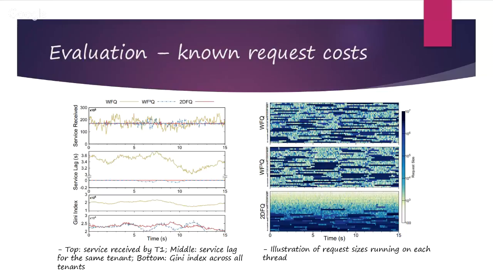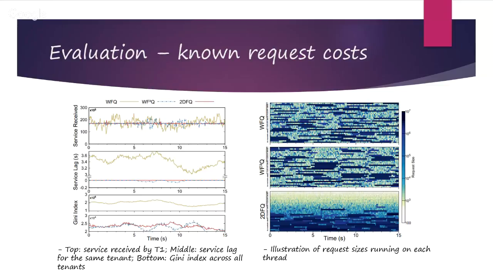One experiment evaluated the fair share provided by two-dimensional fair queueing with a workload derived from production traces of Azure Storage. They also simulate the service received by tenants sharing a server of 32 worker threads, each with a capacity of 1 million units. We replay 250 randomly chosen tenants drawn from a workload trace of Azure servers.